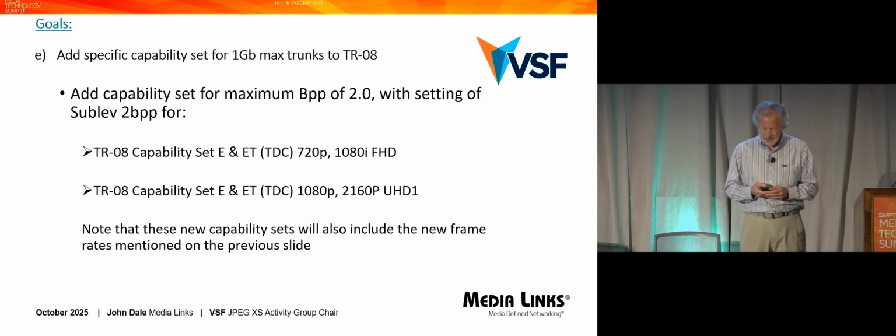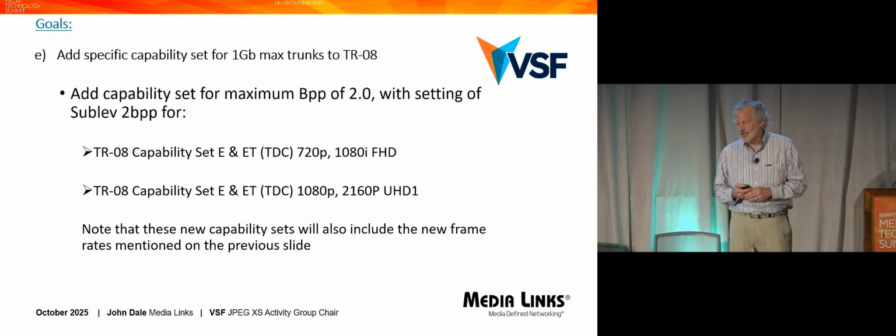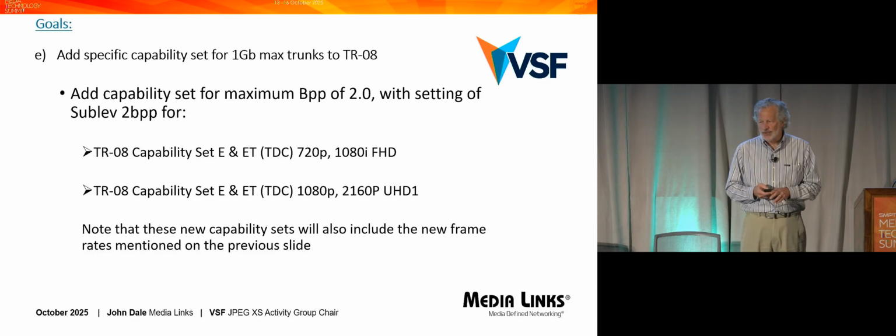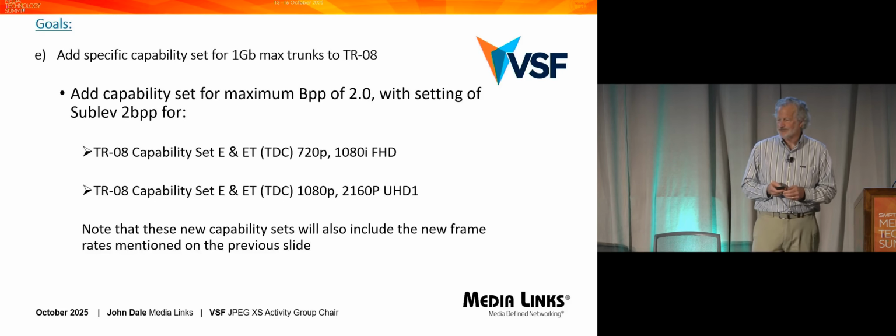So that's been added for 1 gig maximum bit rate applications, and it includes 1080p and 2160p UHD1 formats within that table. This new table includes the new frame rates that I just mentioned above as well.